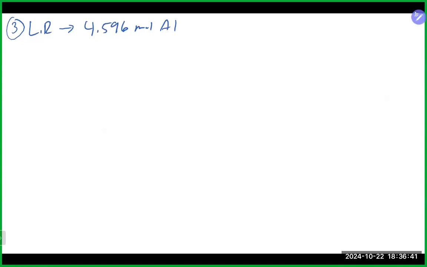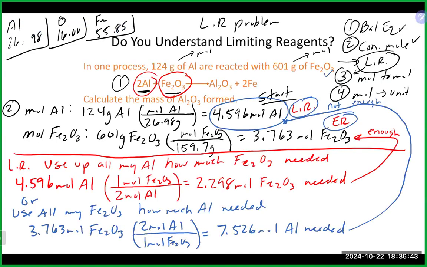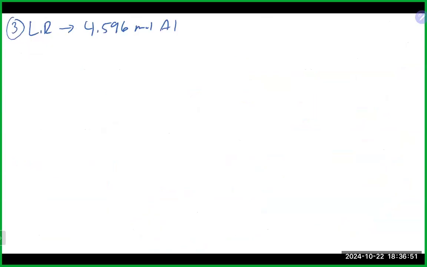Now we can do the rest of our calculation like we did before. We're going to go from aluminum to our product, and it is a 2 mole to 1 mole relationship. From the equation, 2 moles of aluminum gives you 1 mole of aluminum oxide.